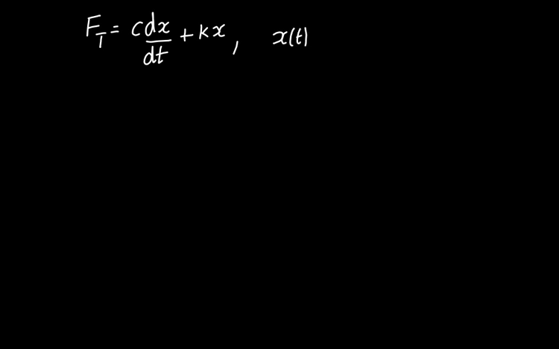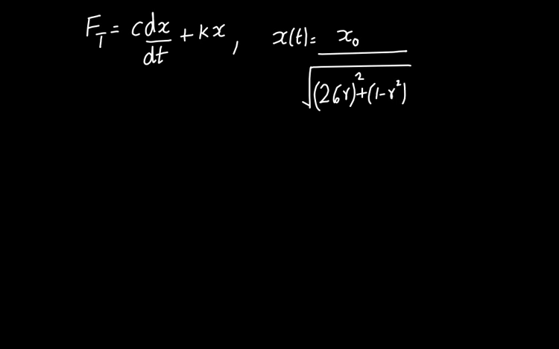X of t is equal to x naught divided by the square root of (2 zeta r)the whole square plus (1 minus r squared) the whole square, into sine of omega t minus phi. You want to know what is what in this expression?